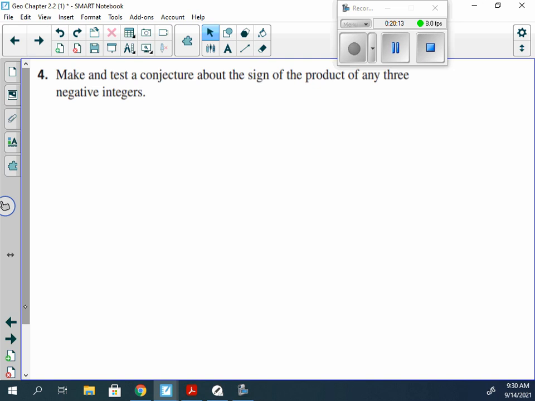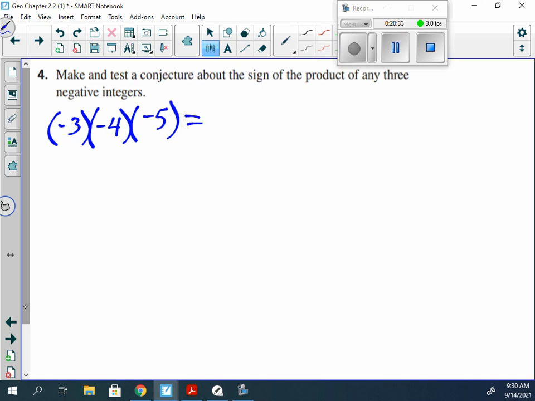Make and test a conjecture about the sign of the product of any three negative integers. So give me three negative integers, or three negative numbers. -5? I would do -5 times -4.